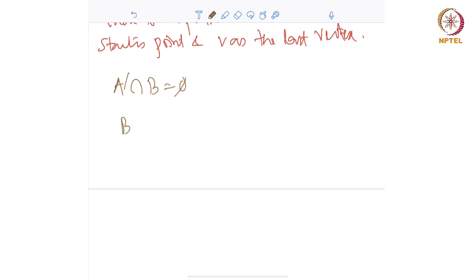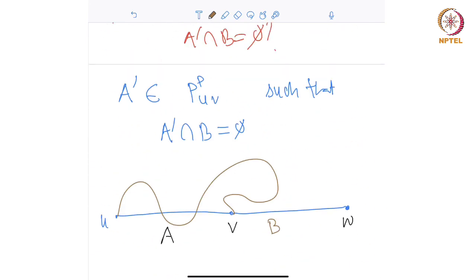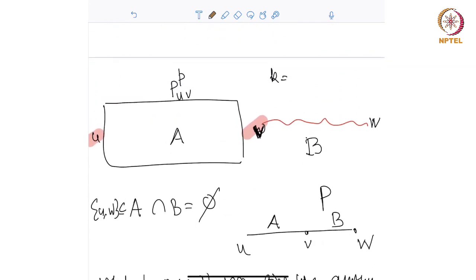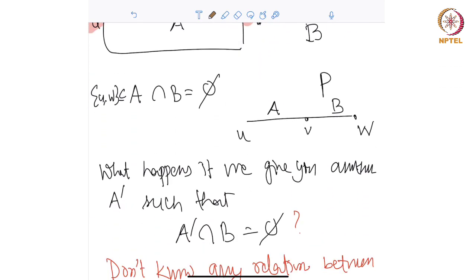If you concatenate brown plus blue path, brown path you go from U to V and blue path you go from V to W. This is still a path of length K.